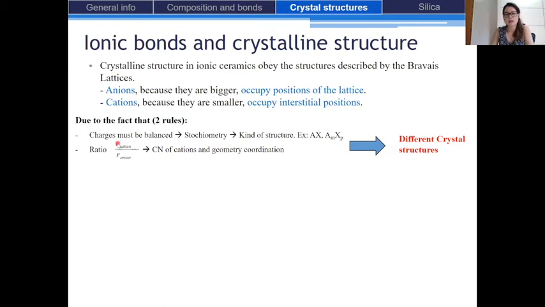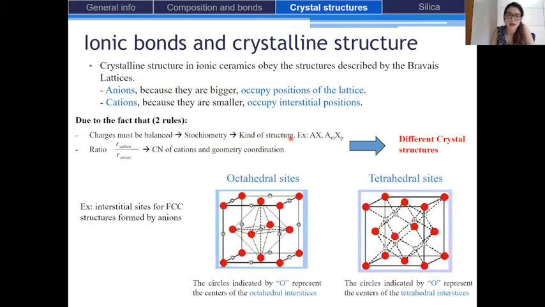And due to the fact that you have ceramics with different kinds of structures and different stoichiometry, and due to this second rule that gives us the coordination number and the coordination geometry, we have different crystal structures in ceramics. For example, for an FCC structure formed by anions, we have to find the different interstitial sites.